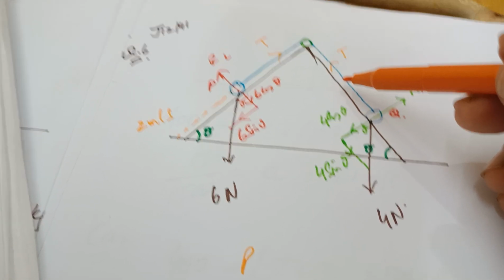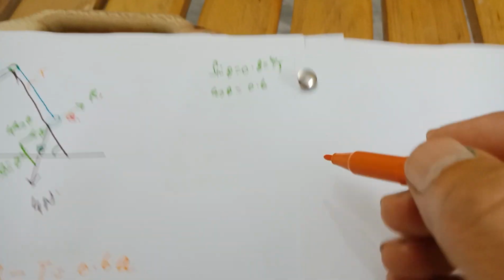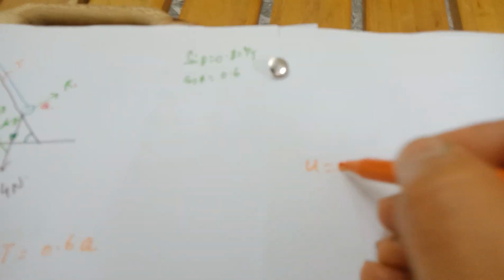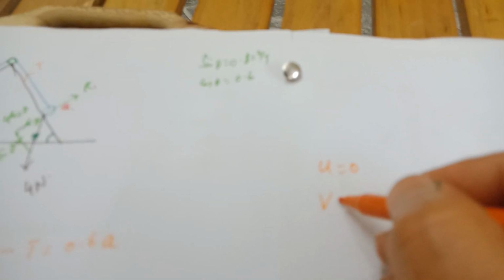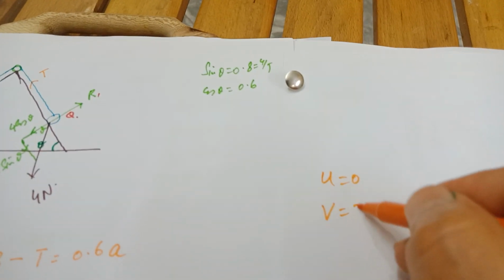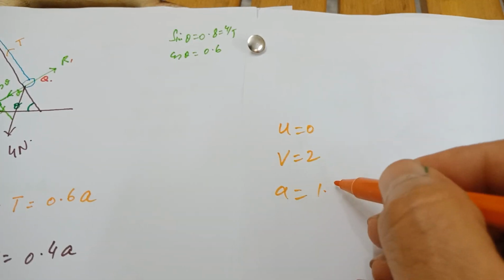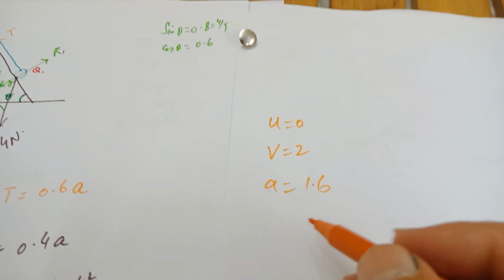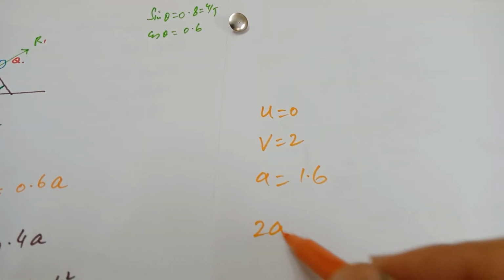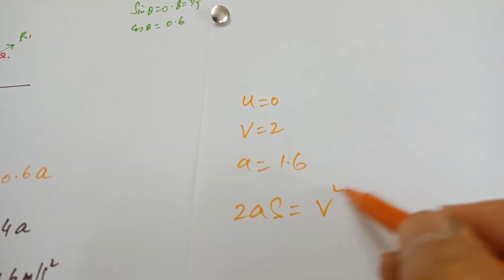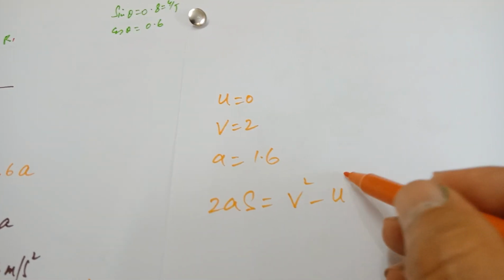Okay, so we have the initial speed as 0, the final speed as 2, and the acceleration as 1.6. So we can find that distance using 2as = v square minus u square.